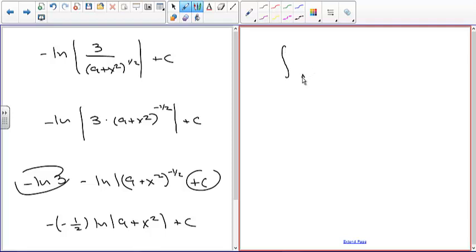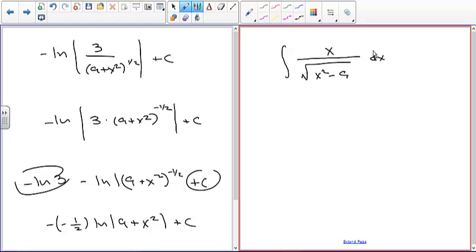So let's say we have the square root of x squared minus 9 divided by, we'll do the one like we did just a minute ago. Remember we had x divided by the square root of 9 minus x squared. Now it's x squared minus 9. So that's all I've changed.